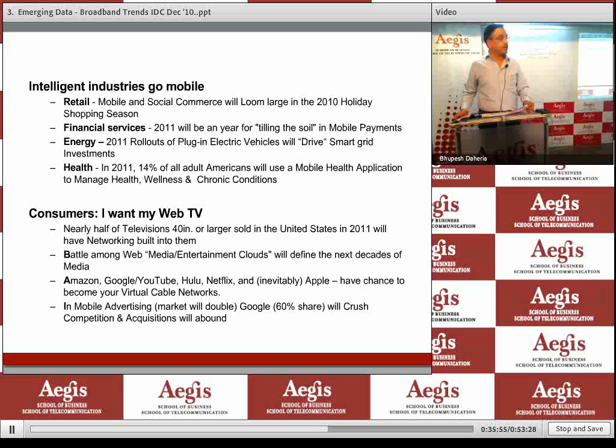Today people in the energy space are talking of what is called smart grids. Smart grids would mean that, typically today, some of you must have got used to it, from 11 p.m. to 5 a.m. free calls or whatever, or 2 paisa or 10 paisa.